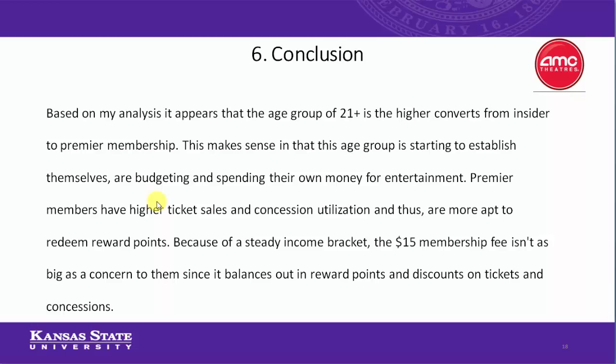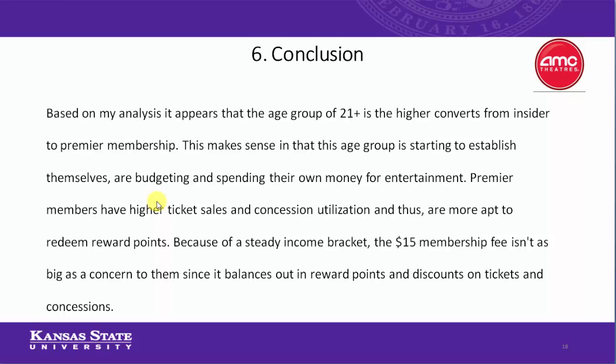Premier members have higher ticket sales and concession utilization, and they are more likely to redeem reward points. Because of a steady income bracket, the $15 membership fee isn't as big a concern to them, since it balances out in reward points and discounts on tickets and concessions.